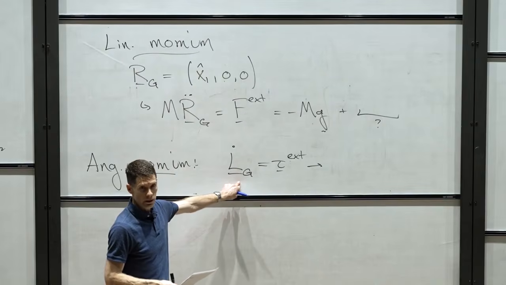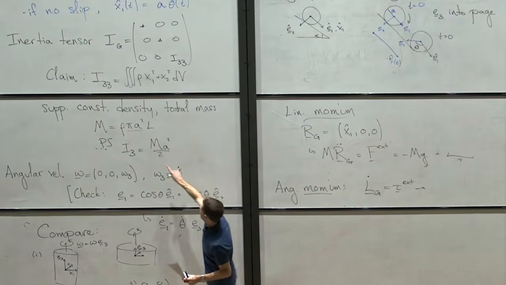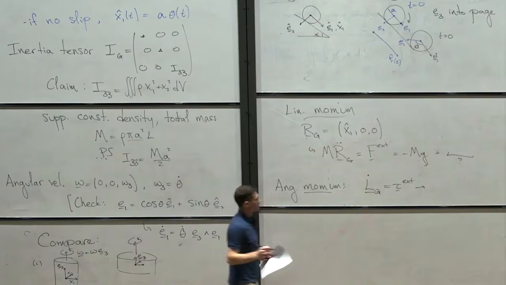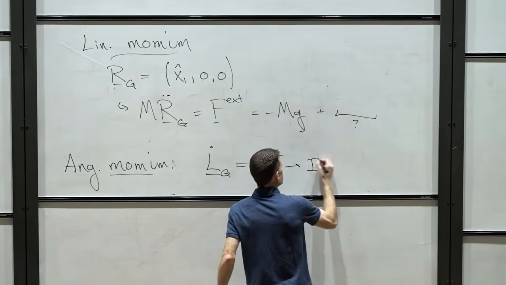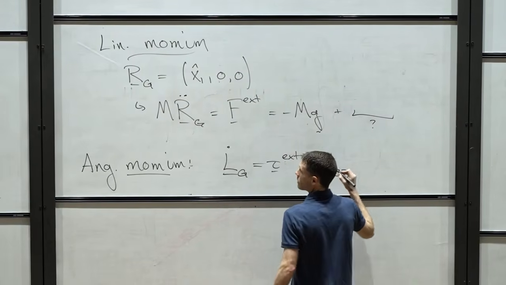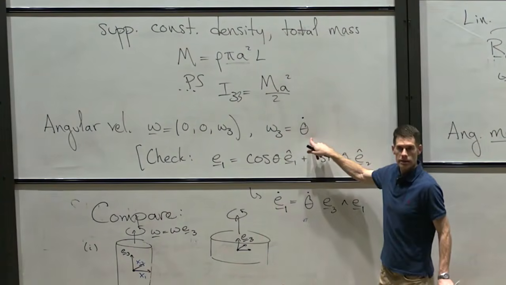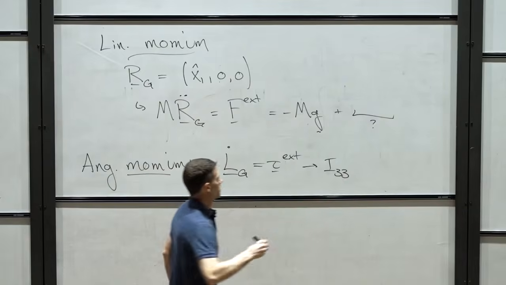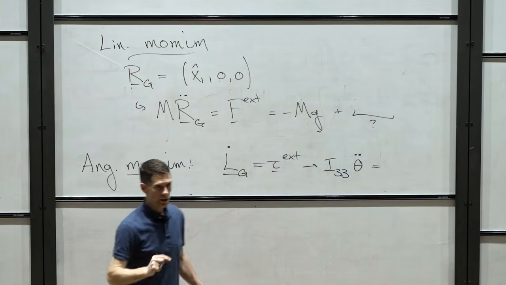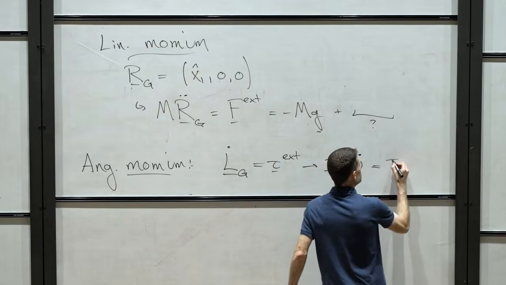Omega just has an E3, which means all I'm going to pick up is this term. Oops, this should be I33. So this is the equation I33 omega 3 dot, but that's theta double dot, equals whatever torques I have projected into the E3 equals tau external.